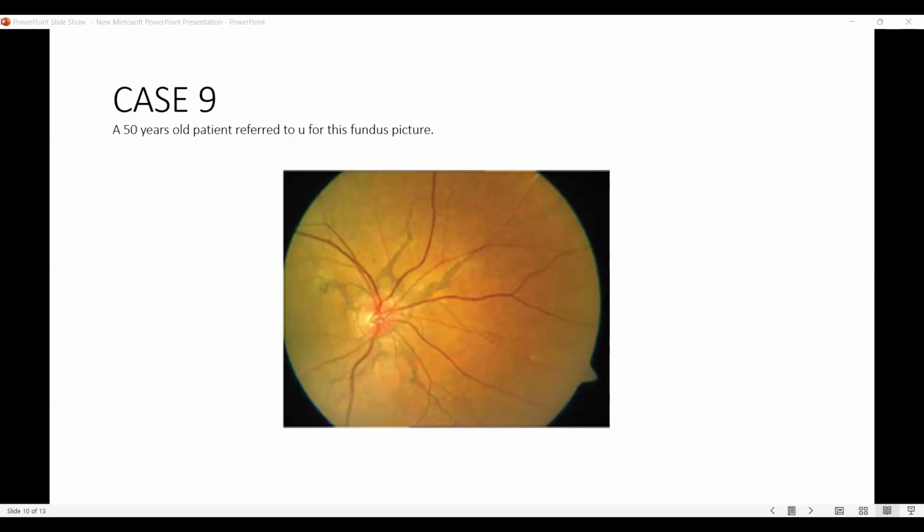Then how will you proceed for this patient? I will examine the patient with indirect ophthalmoscopy, both eyes, and I would also like to check the intraocular pressure, and then I would like to do fundus fluorescein angiography and look for whether any CNVM is there or not.